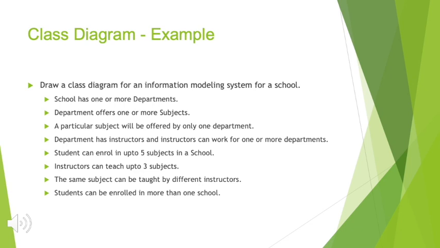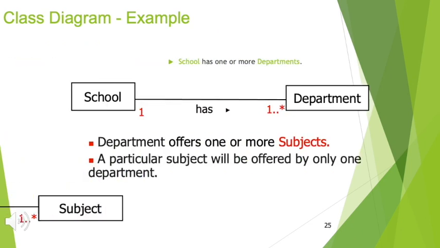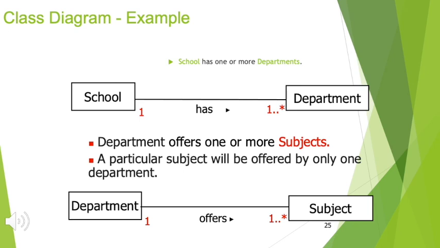Then we have to know how these classes will interact, what the relationship between the classes is, and what the relationship between the school and the other classes is. Here is how we sketch them one by one.